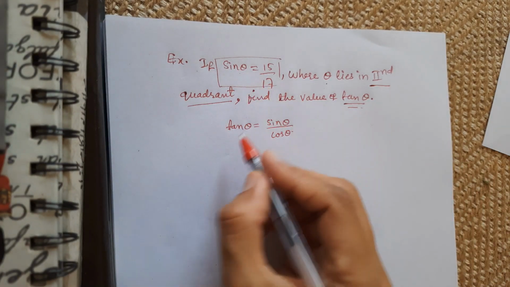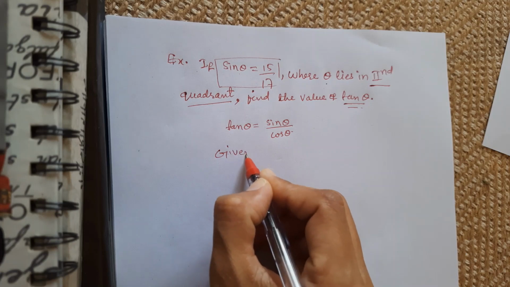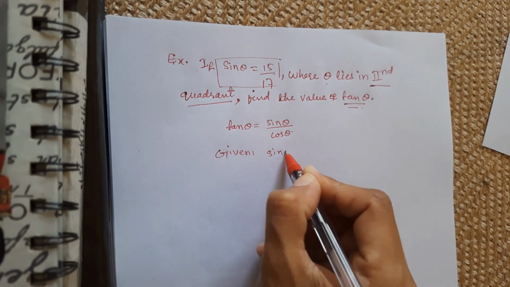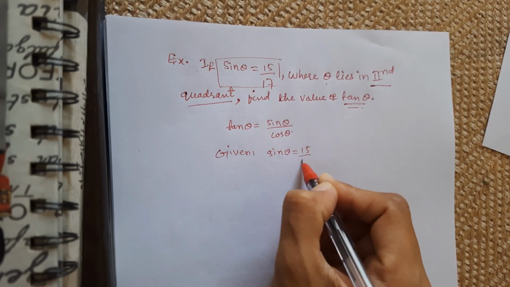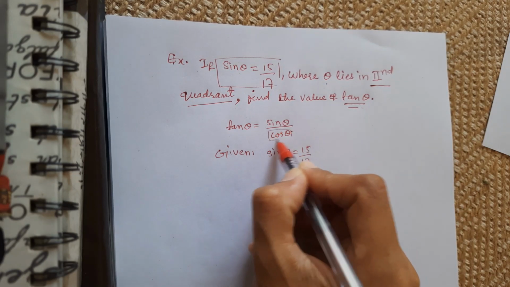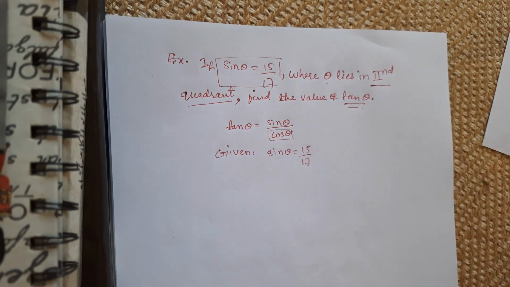Now sin theta is given as 15 by 17. I need to find cos theta. How will I find cos theta?